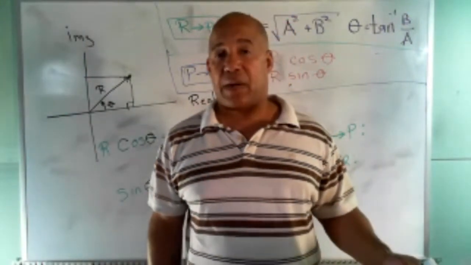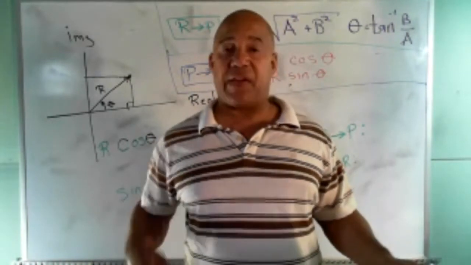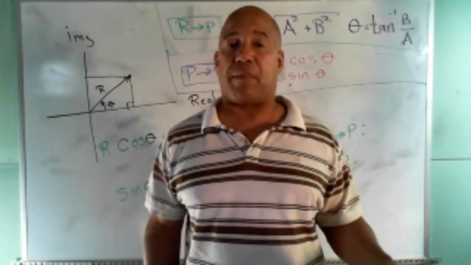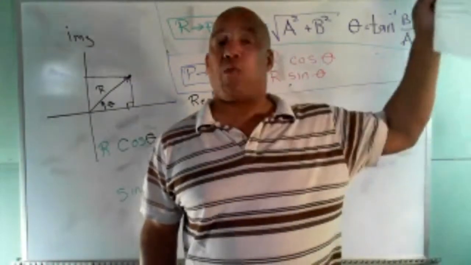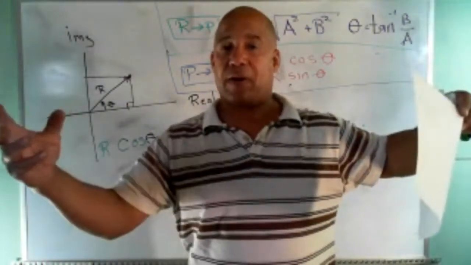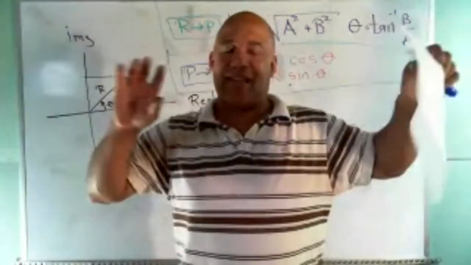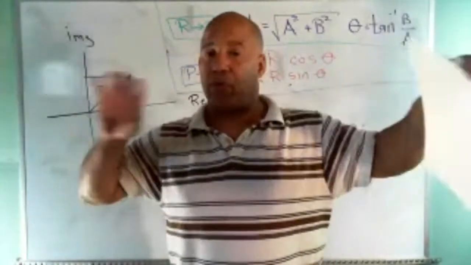What is a complex number is the next question. Well, I gave you two ways to think about a complex number. Way number one, a complex number is a number that consists of a real part and an imaginary part, and hence the name complex, meaning it has pieces to it.